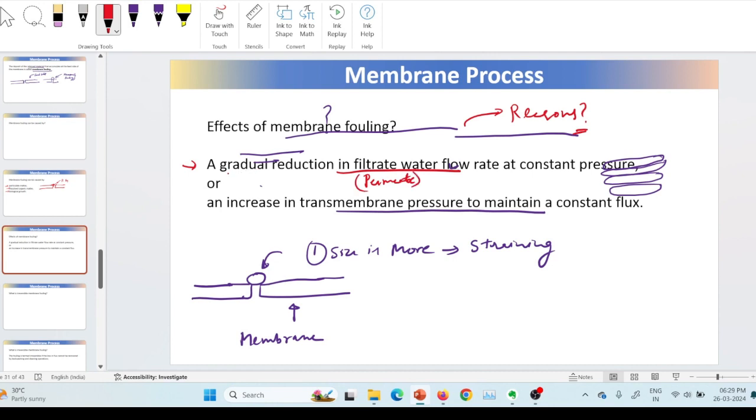So there is a gradual reduction in permeate flow rate at constant pressure. If we are providing constant pressure, let me see if there is an issue in the PPT. Slide number 13.